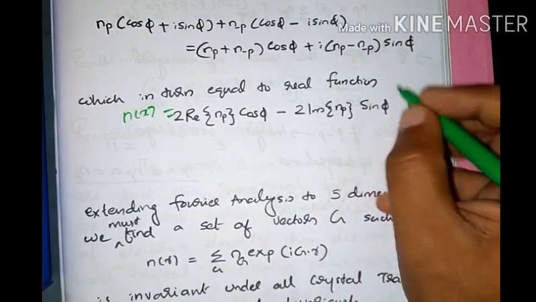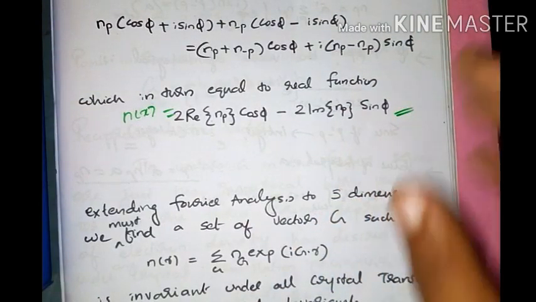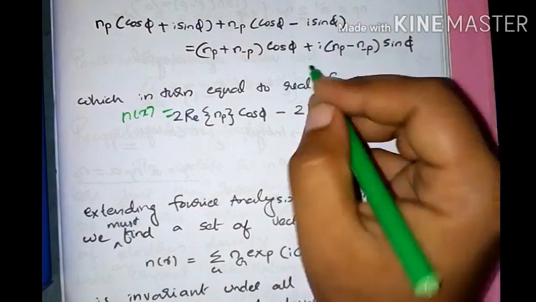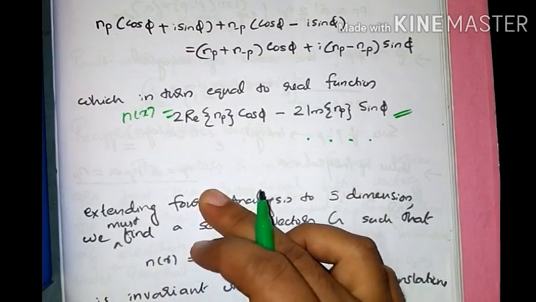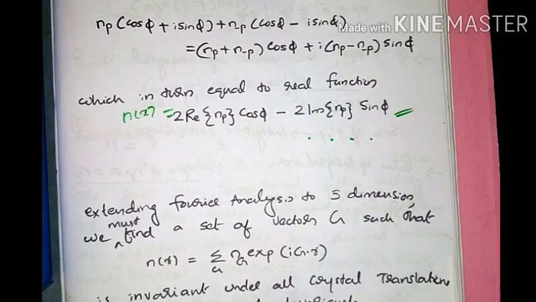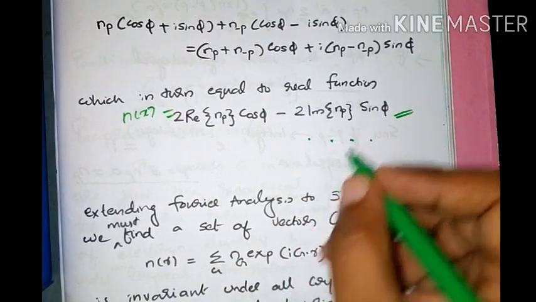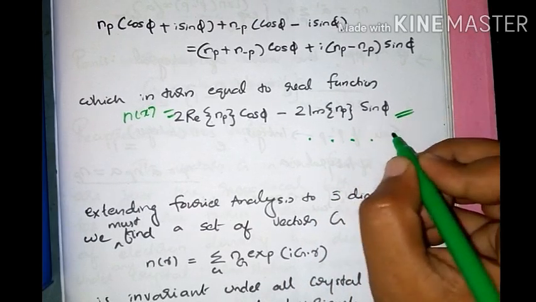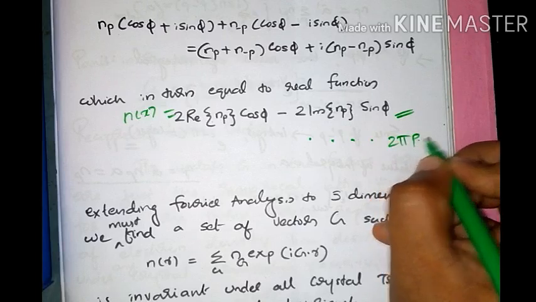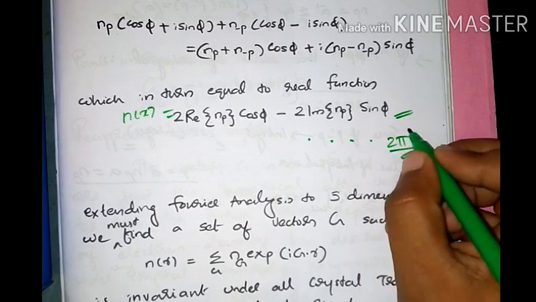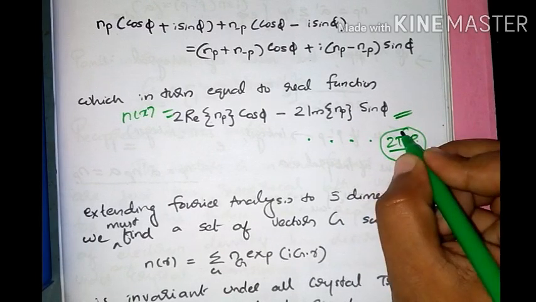Now we have done all this analysis in a one-dimensional crystal. Now we are extending this into 3 dimensions. To make things clear, 2 pi p by a is a reciprocal lattice point in one dimension.